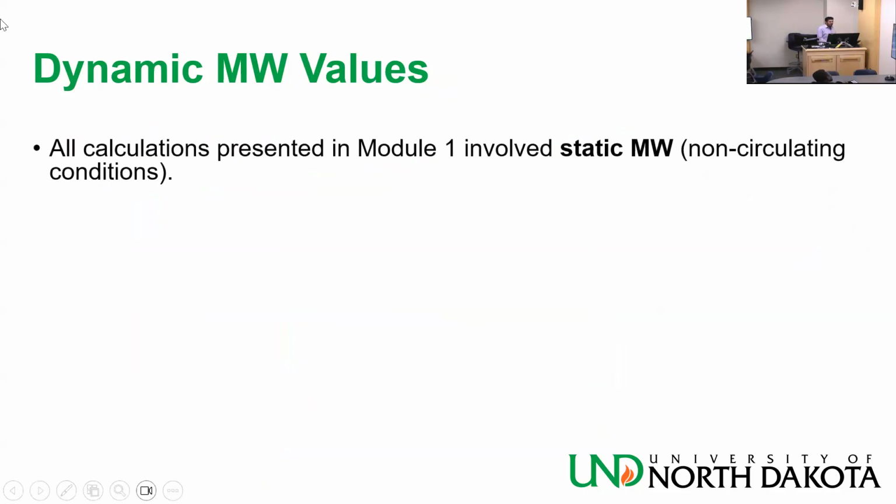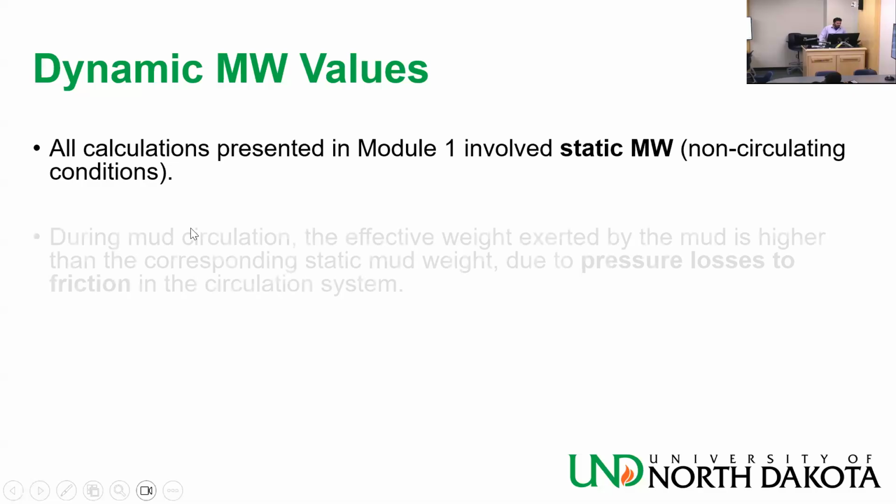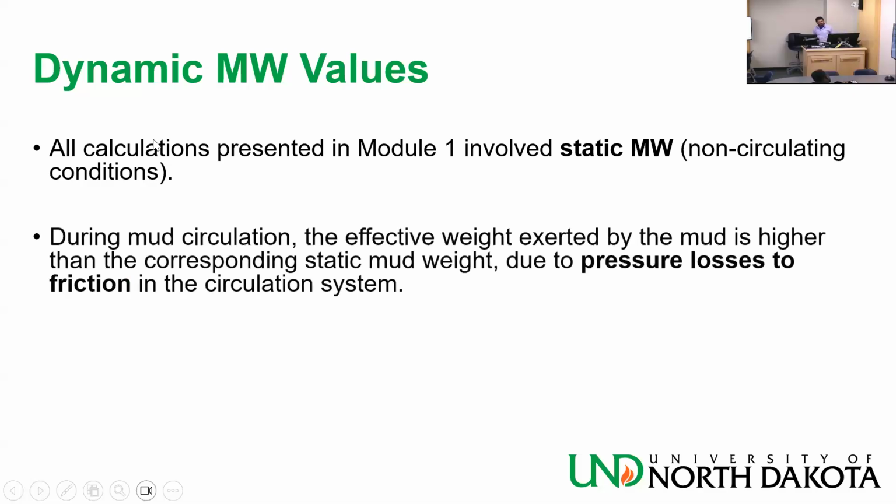And that is, yeah, all calculations presented in module 1 involve static mud weight, non-circulating conditions. During mud circulation, the effective weight exerted by the mud is higher than the corresponding static mud weight due to pressure losses to friction in the circulation system.